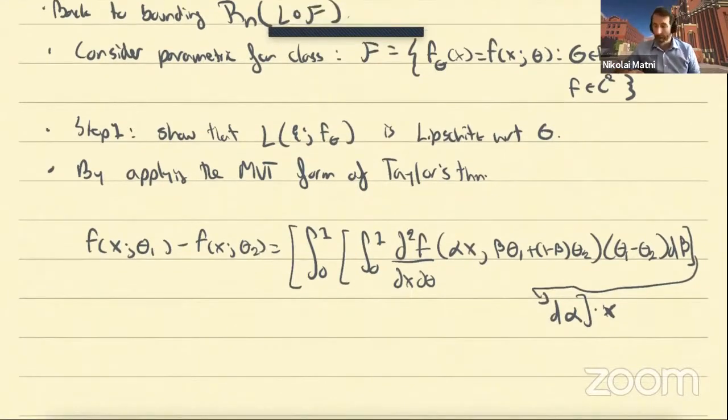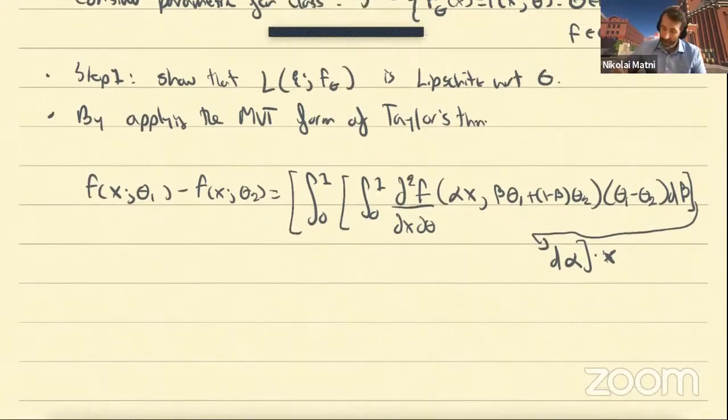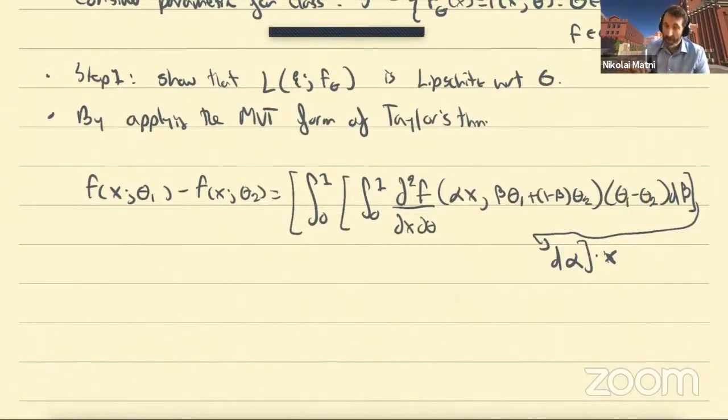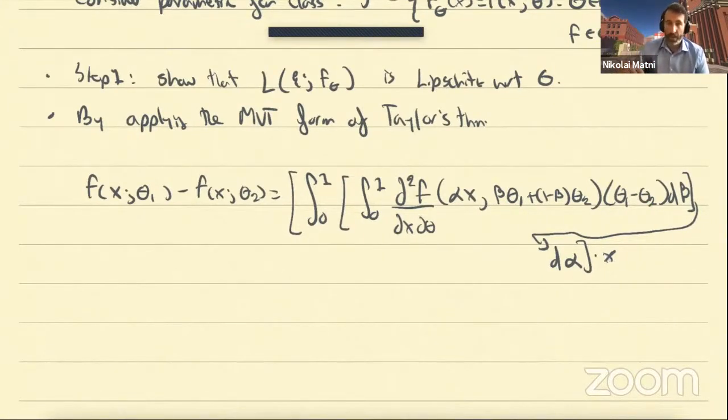It's just some algebra, but it's not too hard to deal with. As I mentioned, this is now a 2 tensor. It takes theta and maps it to an n by n matrix, which is the linearization of f about x. And so we're integrating all of these things together to get the bound.